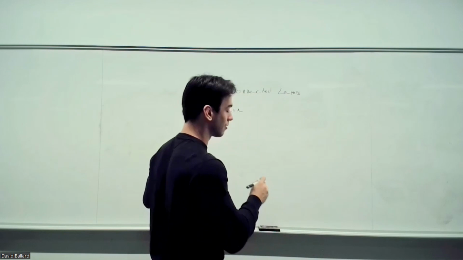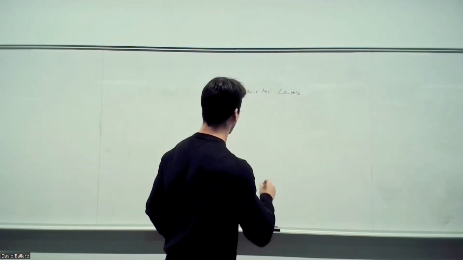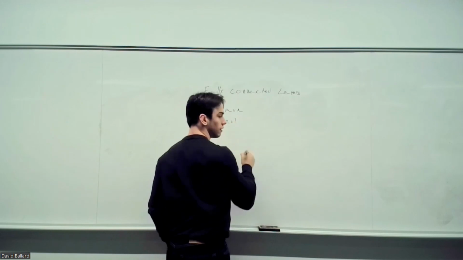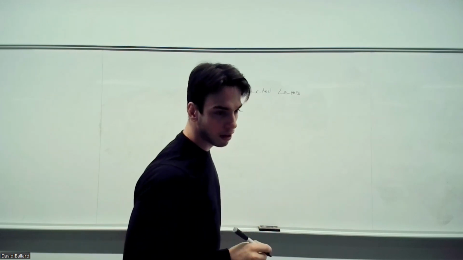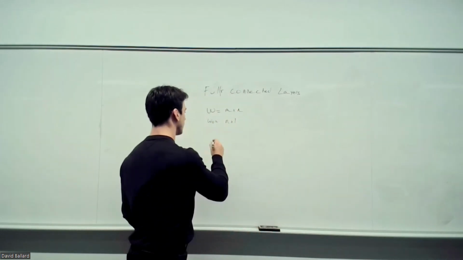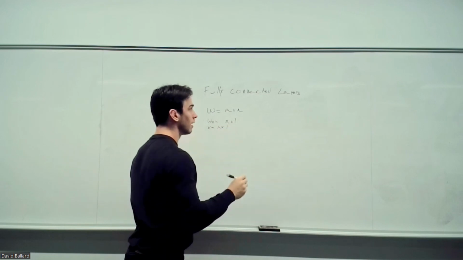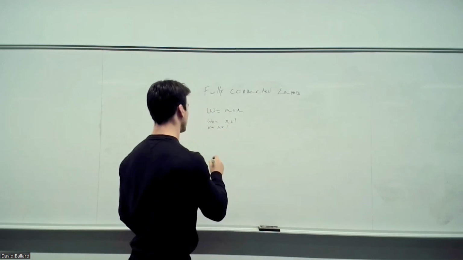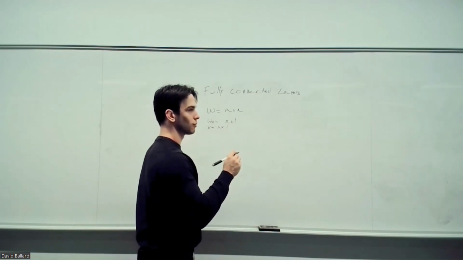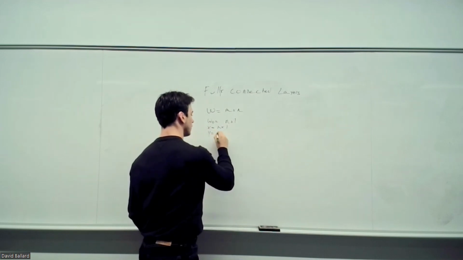W naught, which is the bias, is going to be a vector. And our input is x, which is n by 1. And then our output, let's say y, is going to be m by 1.